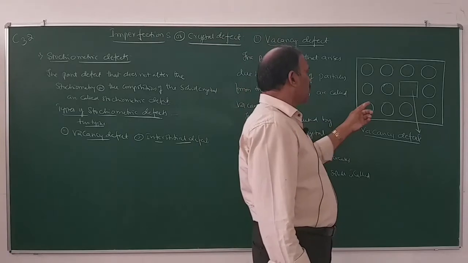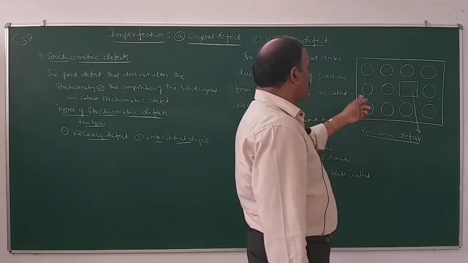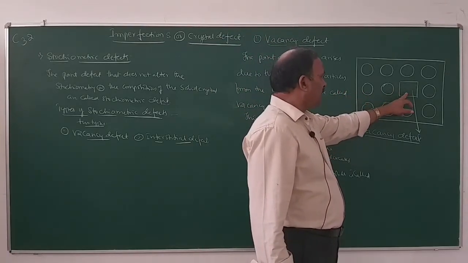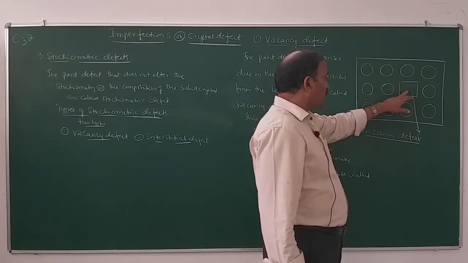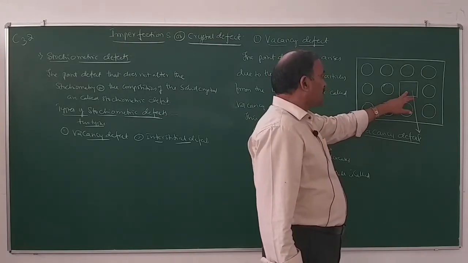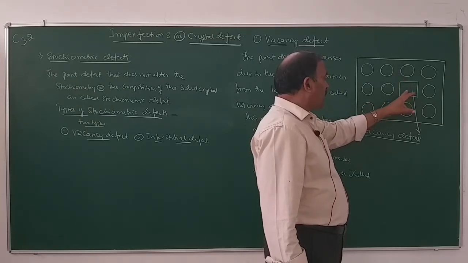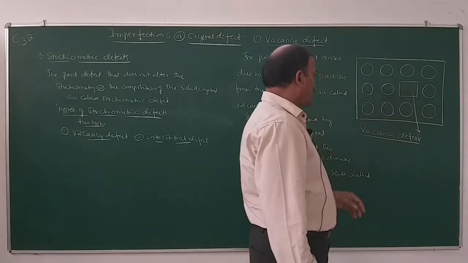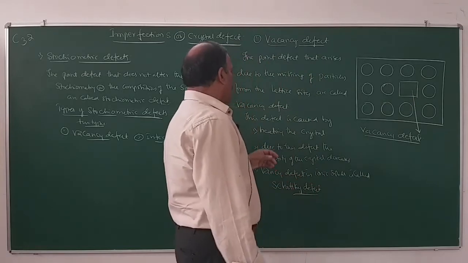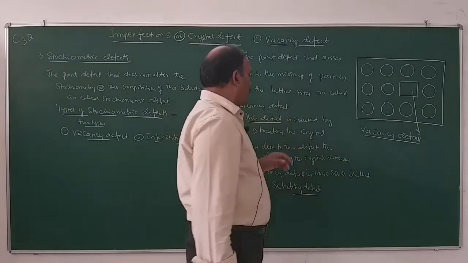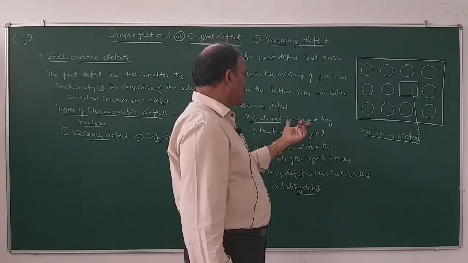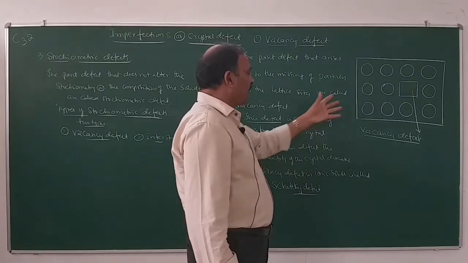The point defect that arises due to the missing of particles from their lattice sites is called vacancy defect. The place occupied by the particles is known as lattice site. This vacancy defect is caused by heating the crystal.